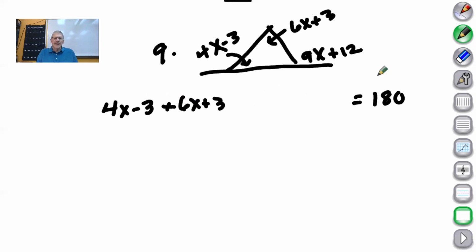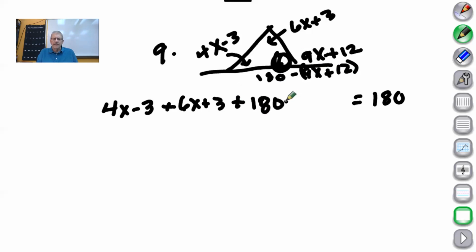But what is this angle inside here? These two angles are supplementary, which means they have to add up to 180. So this angle inside has to be 180 minus the 9x plus 12. But we want to make sure we put that in parentheses: 180 minus the 9x plus 12.